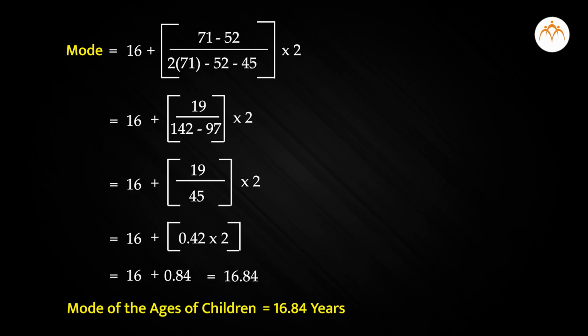Therefore, the mode of the ages of children is equal to 16.84 years.